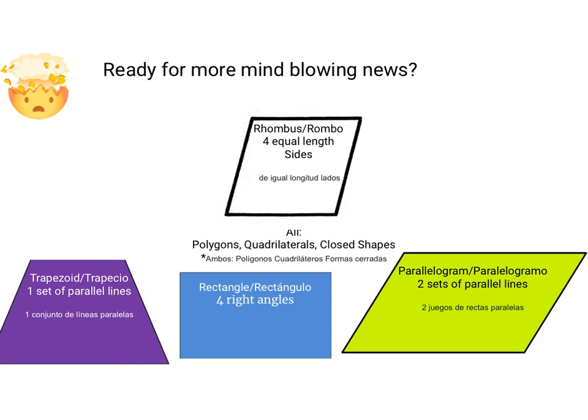Including the rhombus, all four of these shapes are polygons. They're also all quadrilaterals, four-sided shapes, and they're closed shapes. All of their sides connect with one another. So there's only one trait on each shape that sets it apart or makes it a little bit different than each of these, and that's where they end up getting their own names. So with the rhombus, that means I have to have four equal sides.